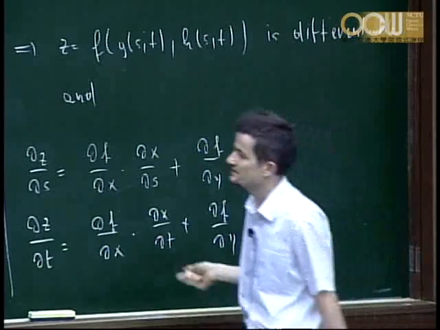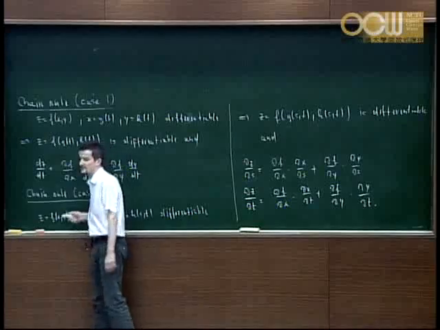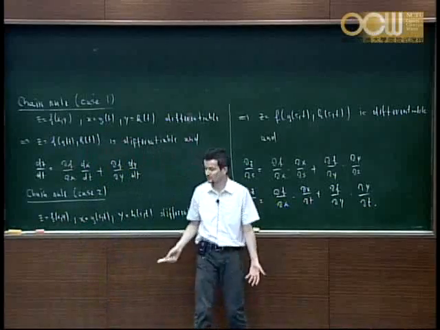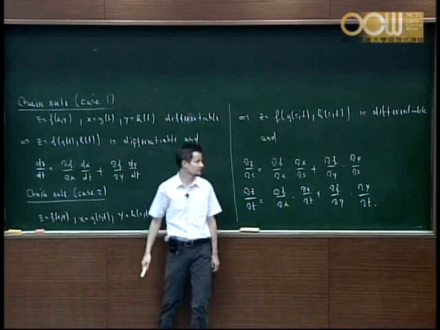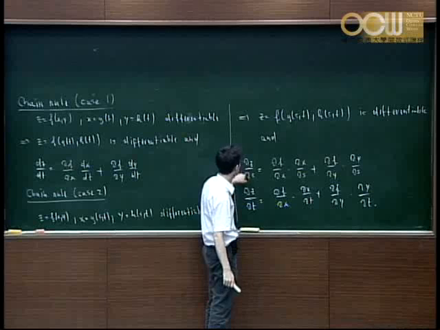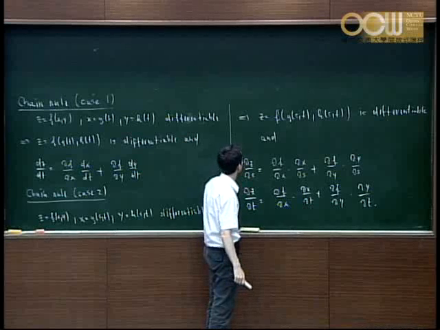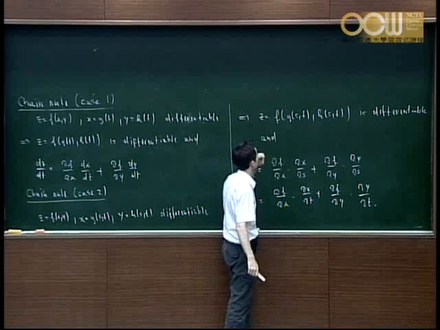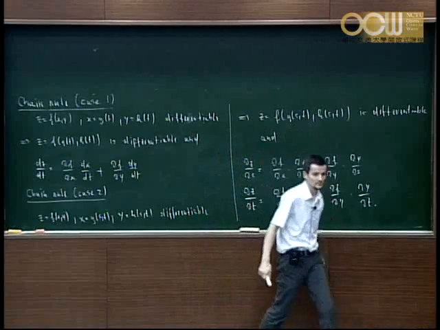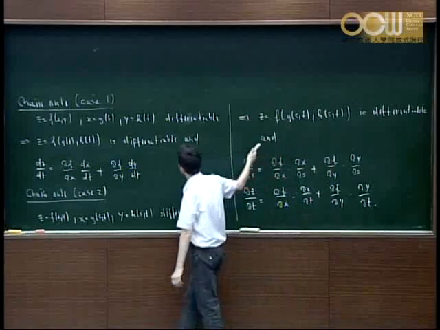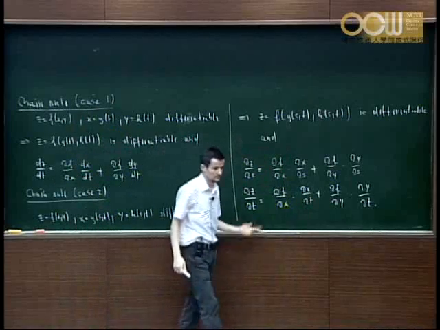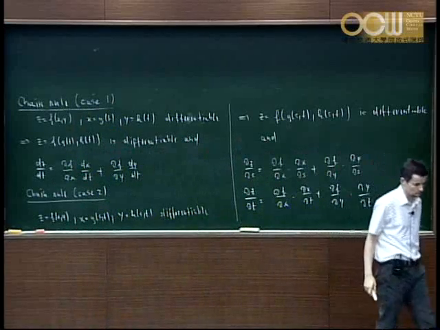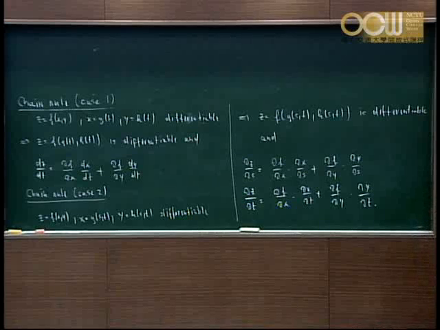So actually this second case, what our textbook calls the second case, is just a special case of the first case, because you consider this function as a function of s, where t is a constant, and you can apply the first case in order to find the derivative. So this is the chain rule for functions of two variables.